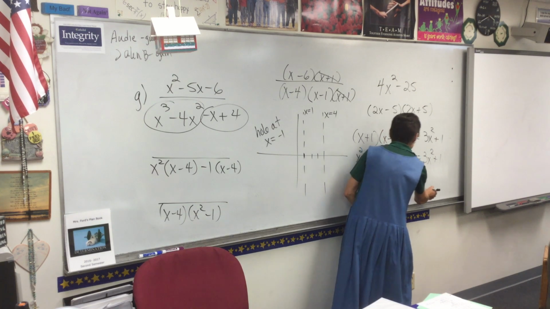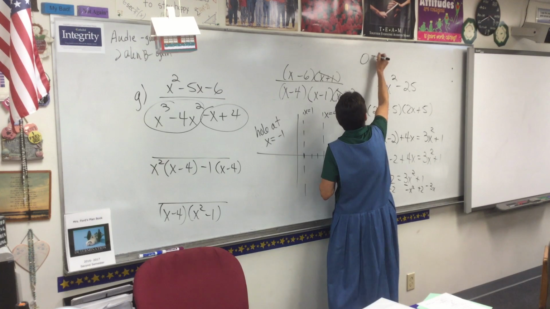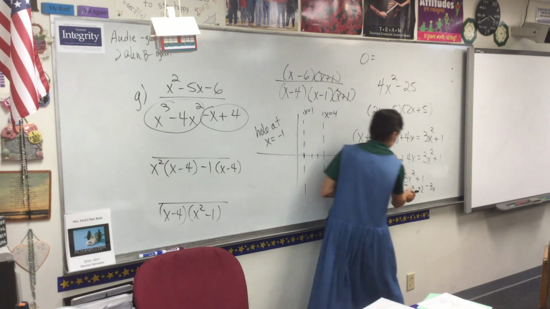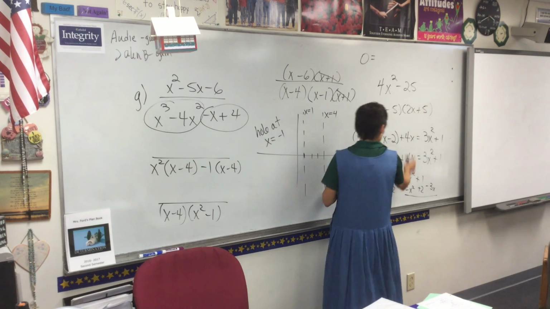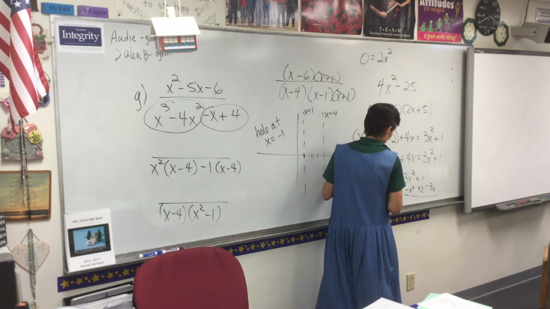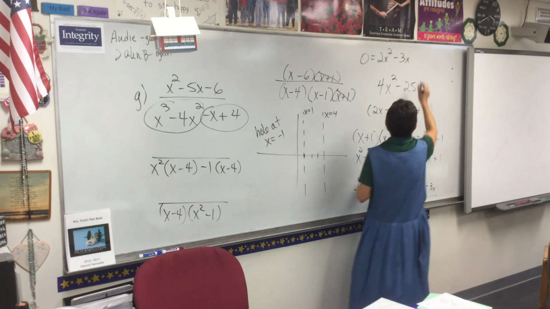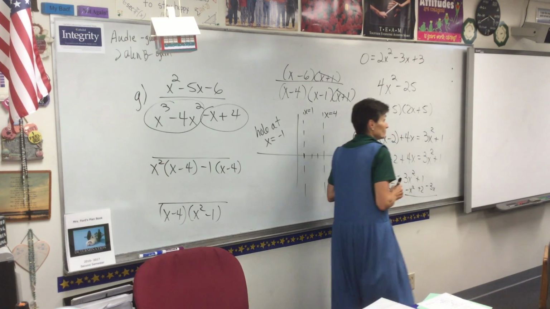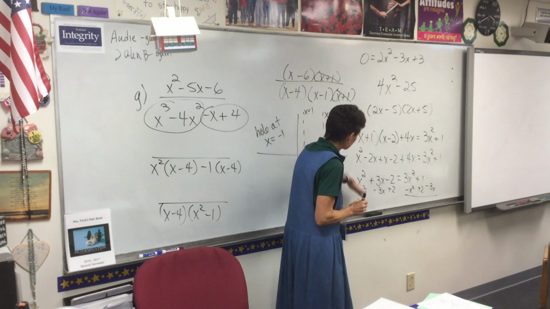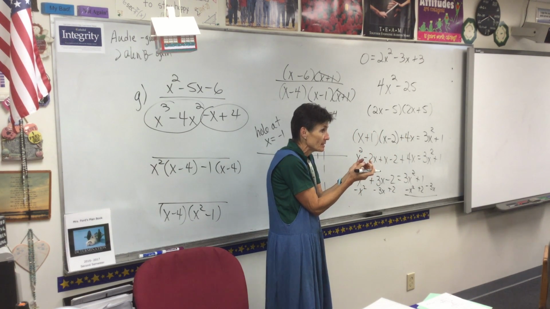So 0 equals 2x squared minus 3x plus 3. So all this so far has been just getting the equation cleaned up.